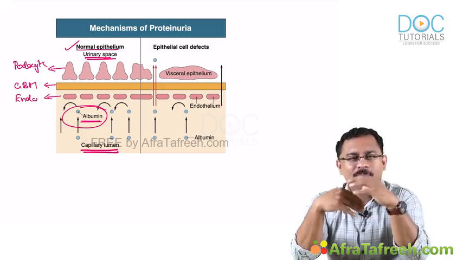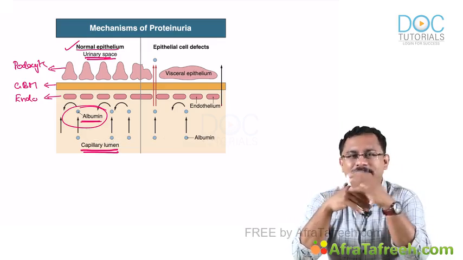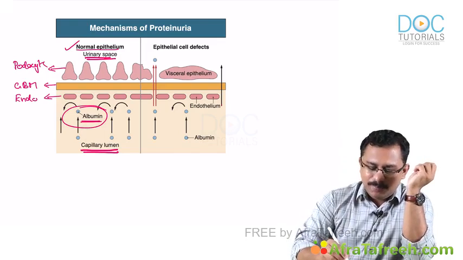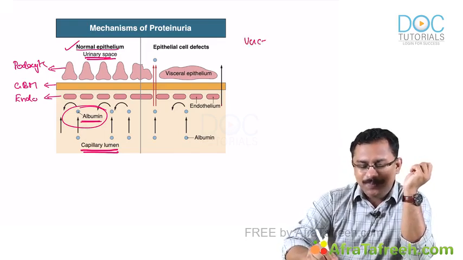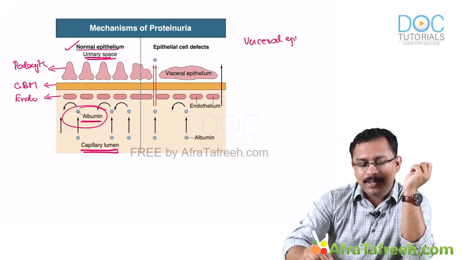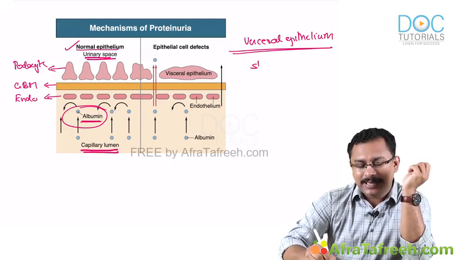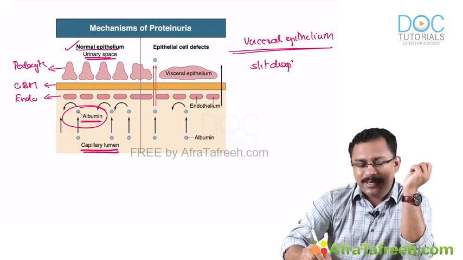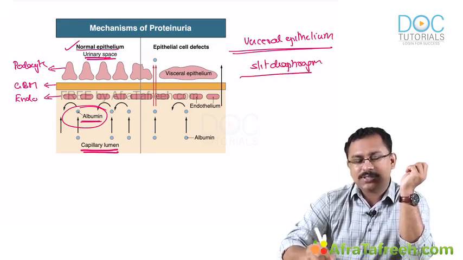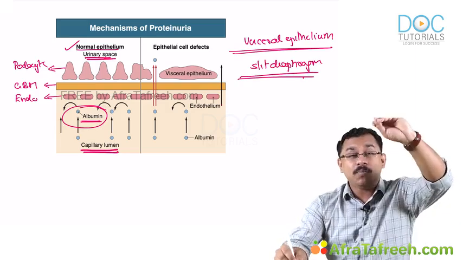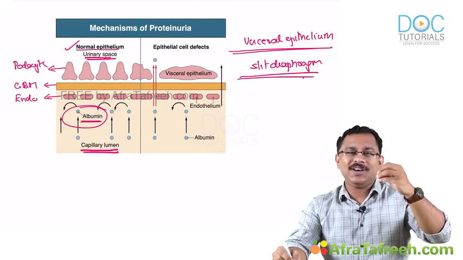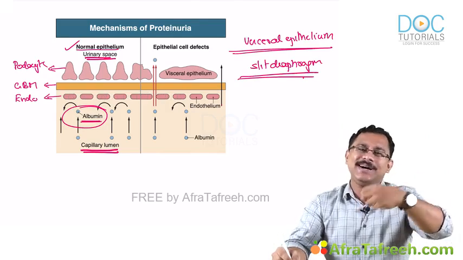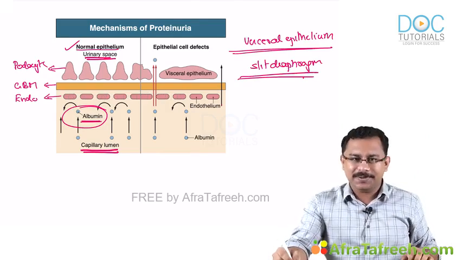But out of the components of the glomerular filtration barrier, it is the foot processes of the podocytes, or your visceral epithelium, and the slit diaphragm bridging the foot processes of the podocytes, which are most important for not allowing the proteins to pass across the filtration barrier.